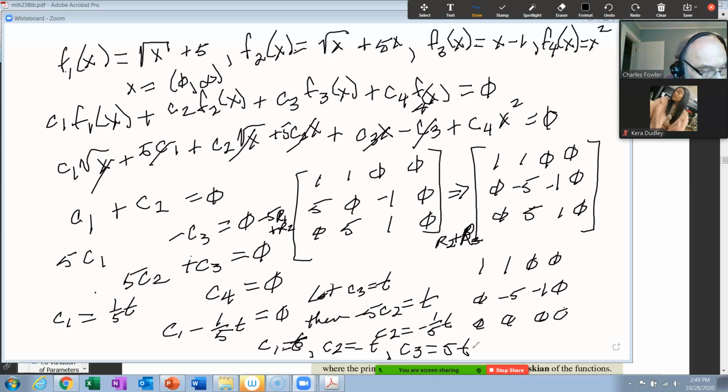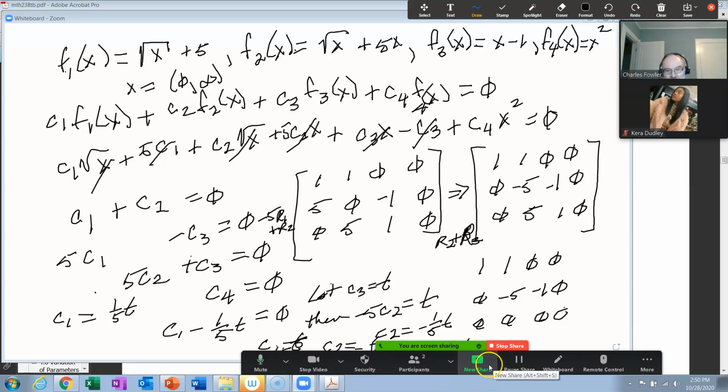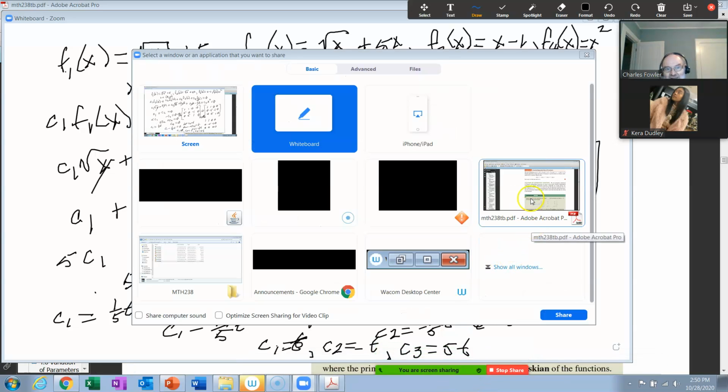Now what they say here is, for example, t equal 1, C2 would be minus 1, so that would be t minus t plus 5t, plus 0, and that is linearly dependent. So let's go on to the whiteboard, to the book, and see how that works out.